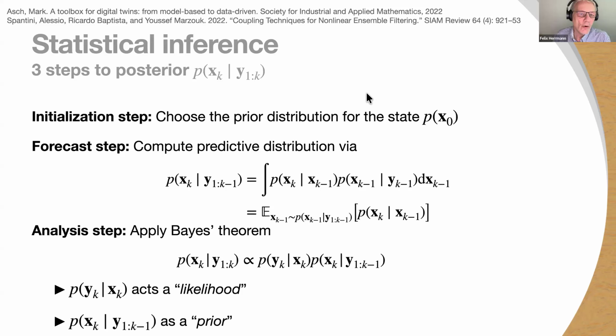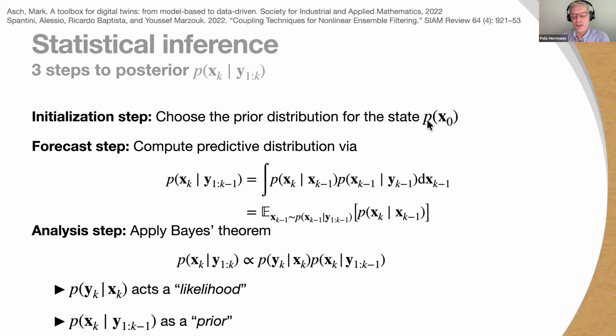Okay, so how to proceed is you can come up with a statistical inference technique. That is basically a fundamental framework under which Kalman filtering and all these techniques fall, and it typically consists of 3 steps to get to the posterior. That is, how can you get the state at time k conditioned on all the observations from 1 to k, right? This involves an initialization where you sample from the original state.